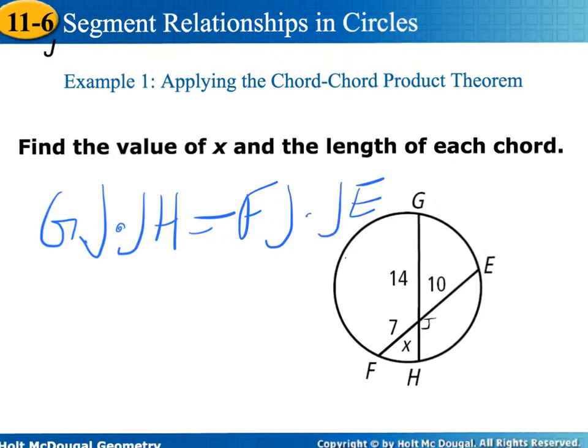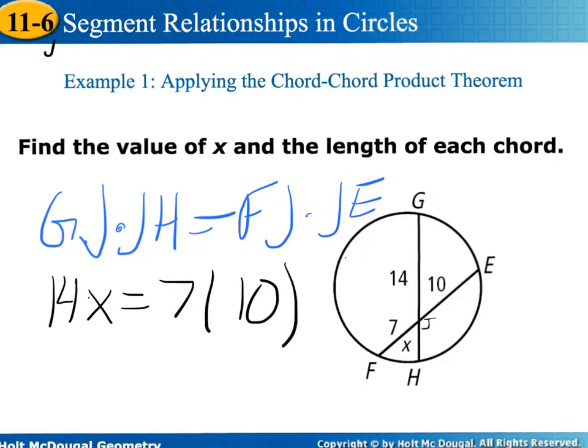So I know GJ was 14, JH is x, FJ is 7, JE is 10. So I have 14x equals 70. Divide by 14, I get x equals 5.